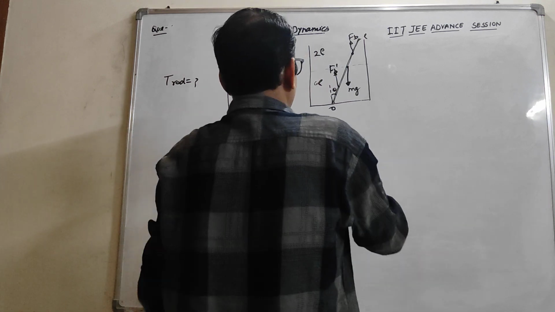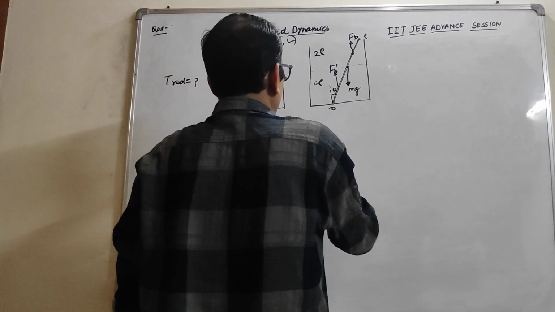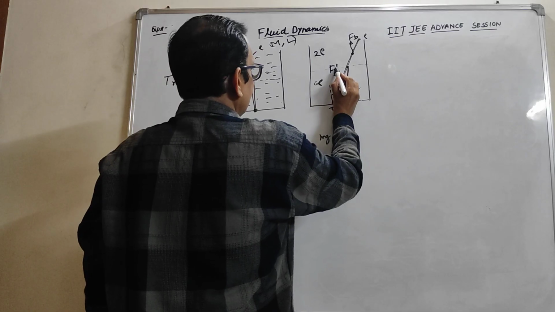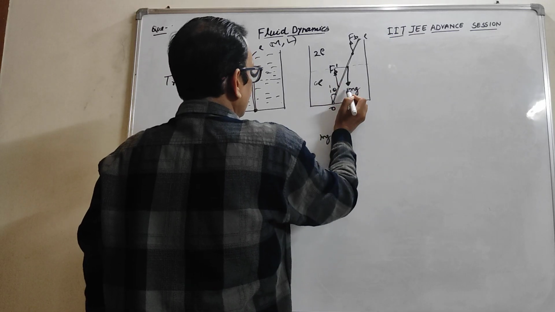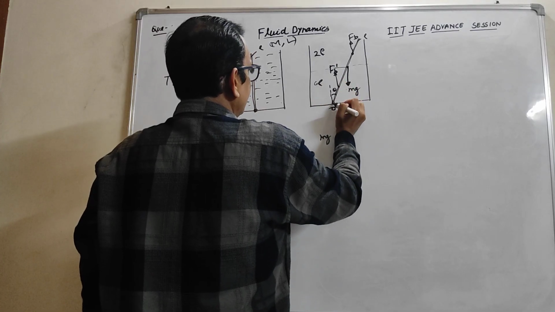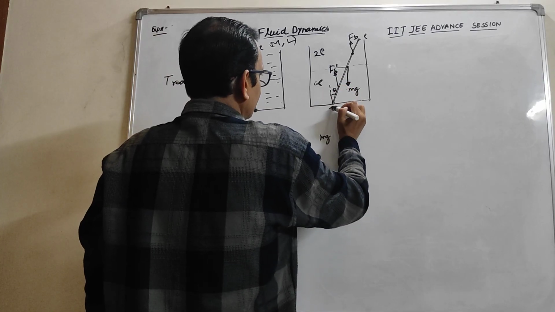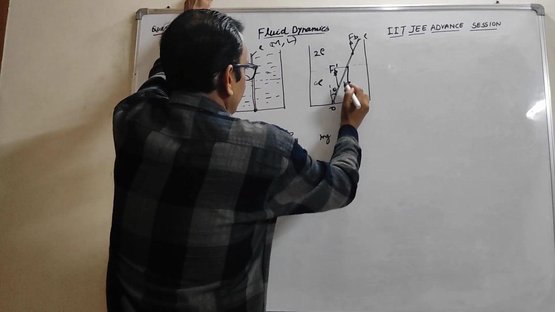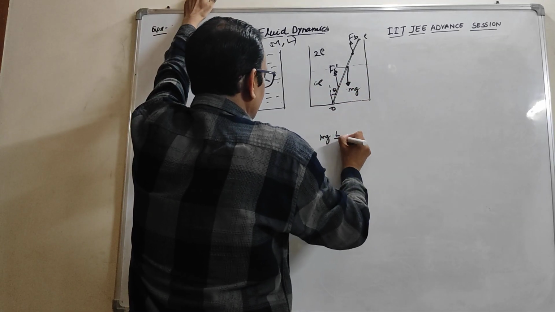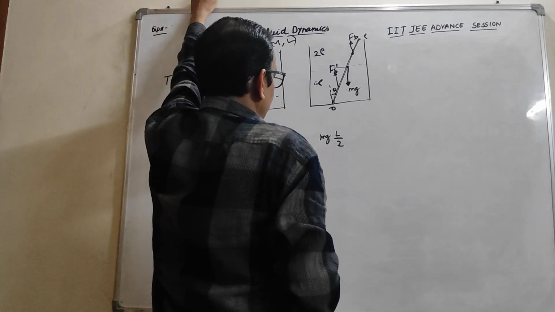We write r cross F. So r is the radial distance from here; the distance of mg is L by 2, and L by 2 is the perpendicular distance. mg is downward and L by 2 is this. So mg L by 2.